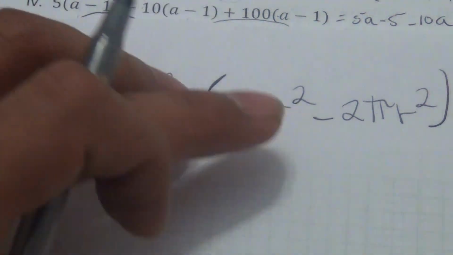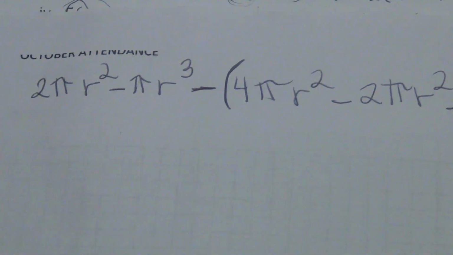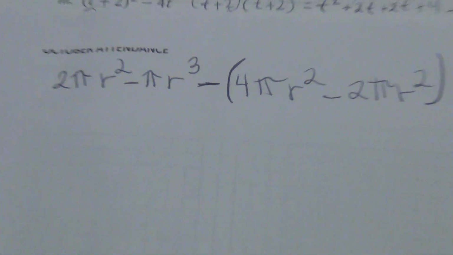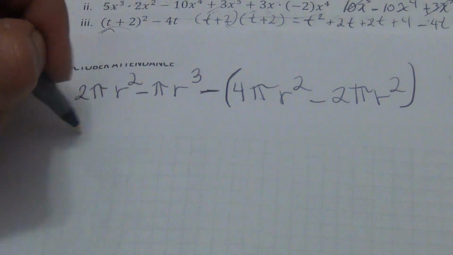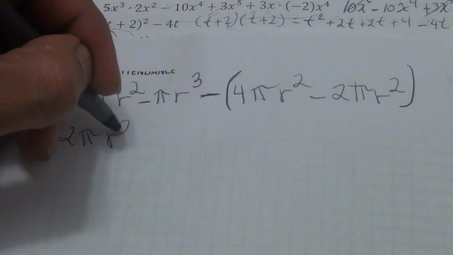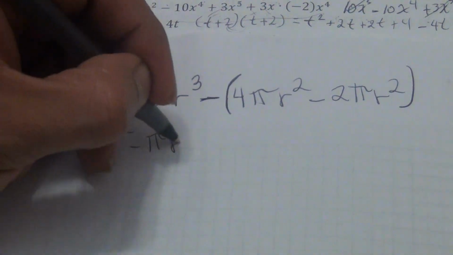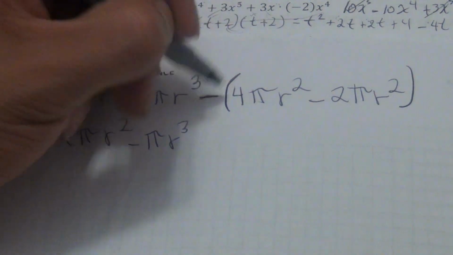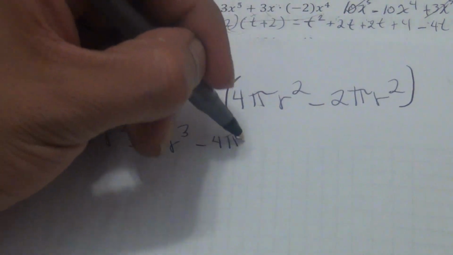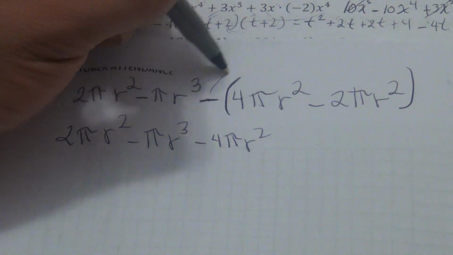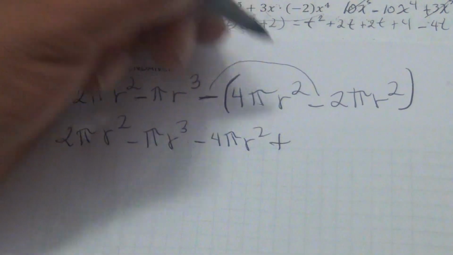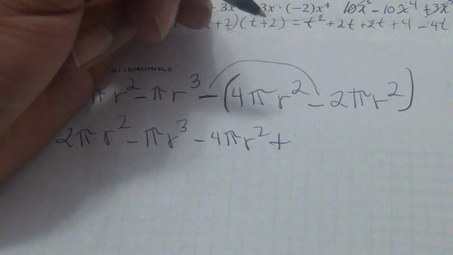Now we need to remove parentheses, so I am going to write a little smaller. So I have 2 pi r squared minus pi r to the third minus 4 pi r squared, and then look, plus 2 pi r squared.